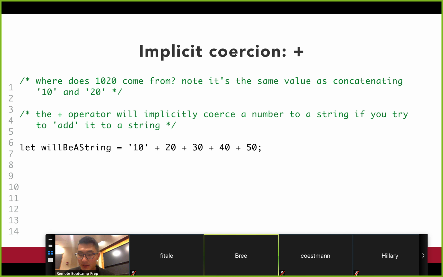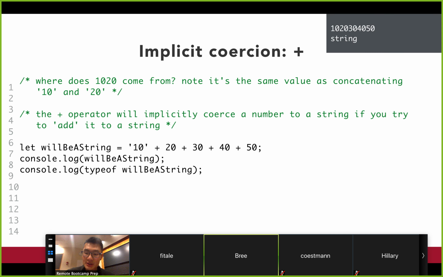And so here on line, well, I guess the numbers are a bit off, but assuming line 6, I create a variable called will be a string. I have the string 10 plus the number 20 plus number 30 plus number 40 plus number 50. When I console out the output, what do I get? If we go left to right one step at a time, what's the string 10 plus the number 20?